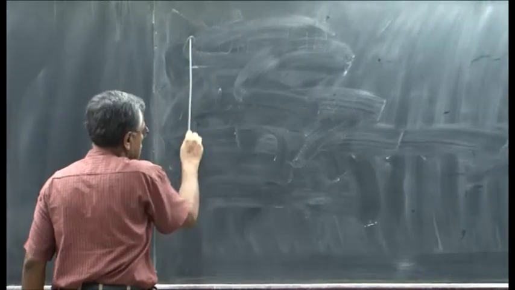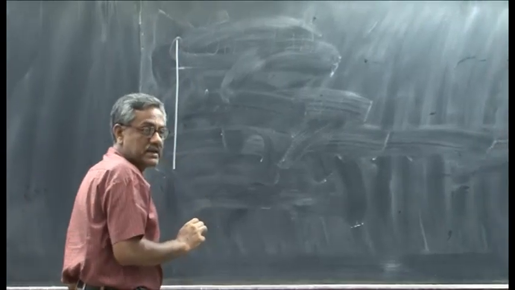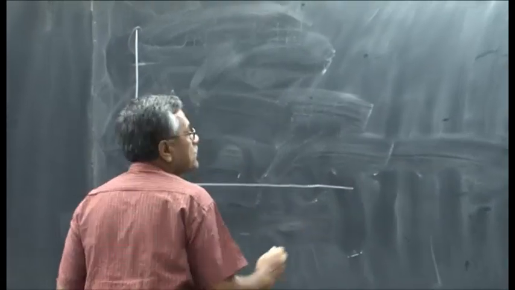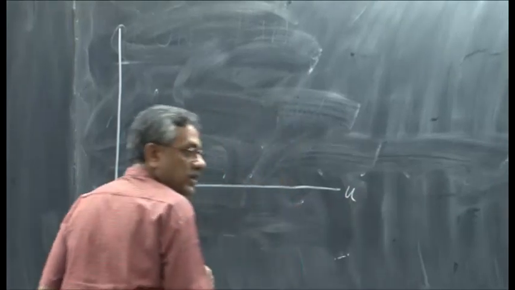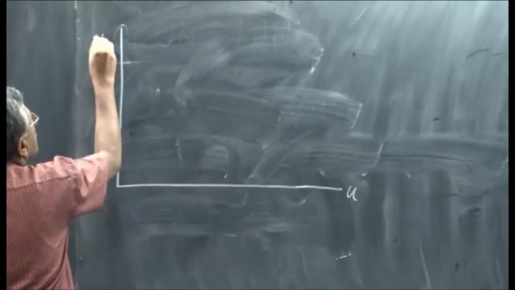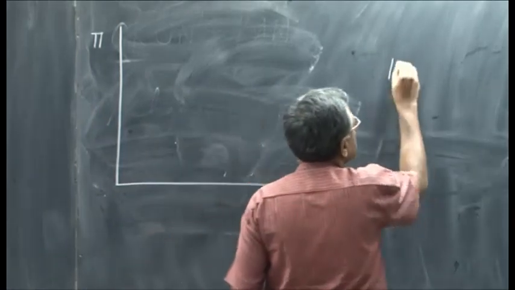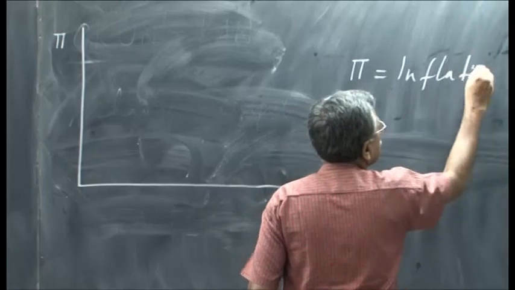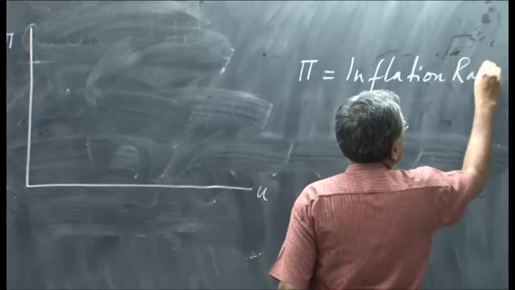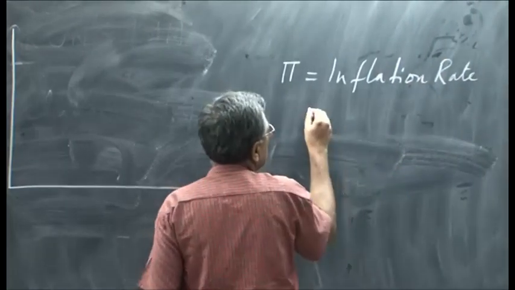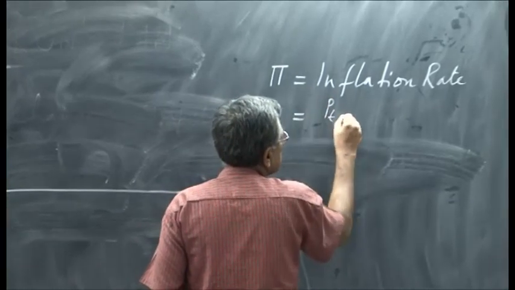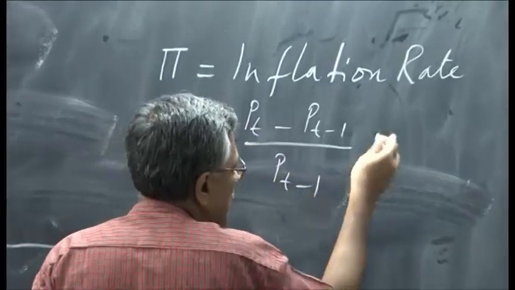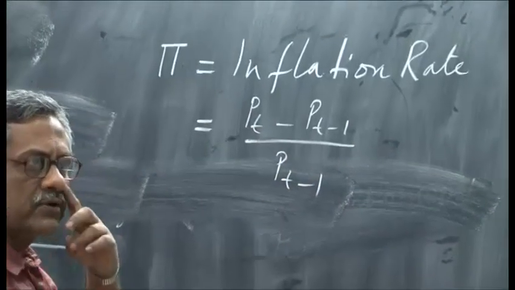Essentially what he found, after having used the data and regressed it, was an inverse relationship between something called the unemployment rate and something called pi. Pi is the inflation rate, and it is usually measured as prices in this period minus prices in the other period over prices in the other period. You can multiply by 100 to get a percentage.